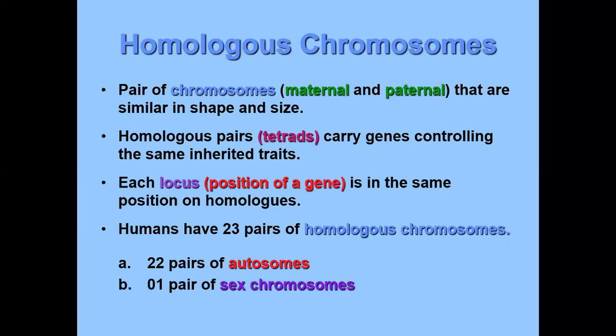So 22 pairs out of 23 are autosomes, and the remaining one pair is the sex chromosomes. The first 22 pairs are autosomes, which are the same in both male and female, and the 23rd pair is different. It will be XX in female and XY in male.